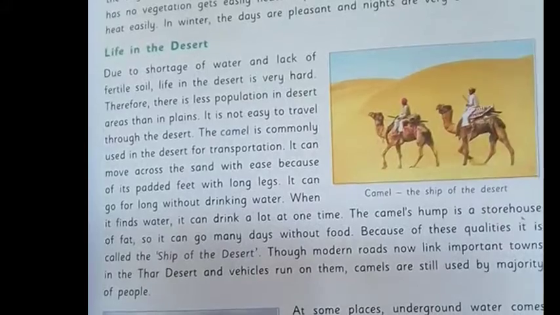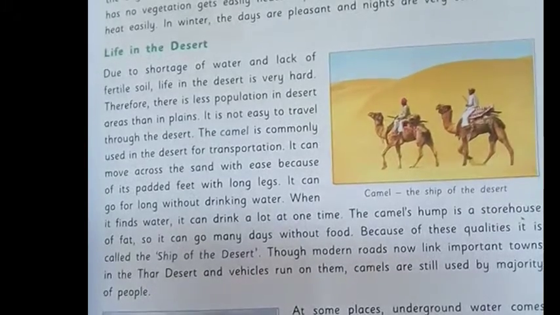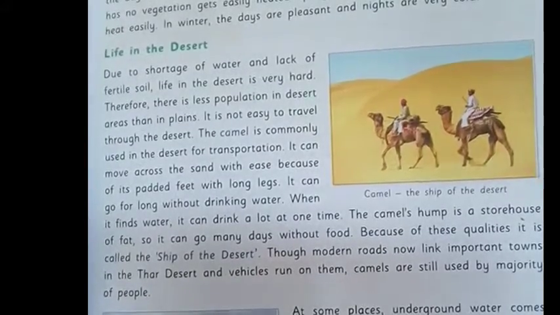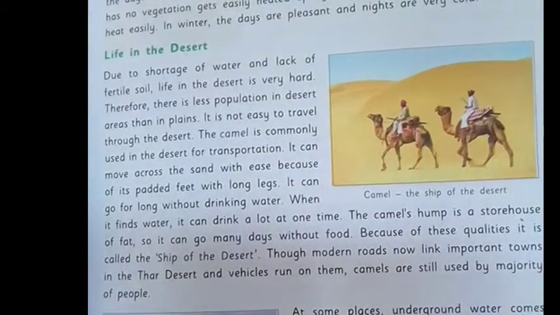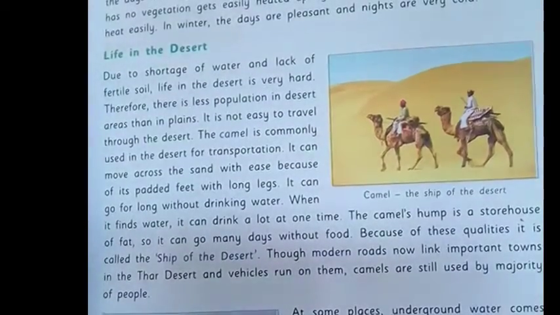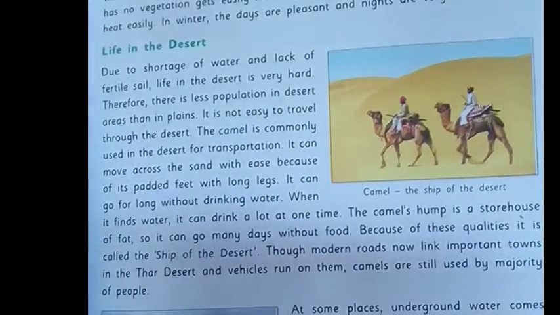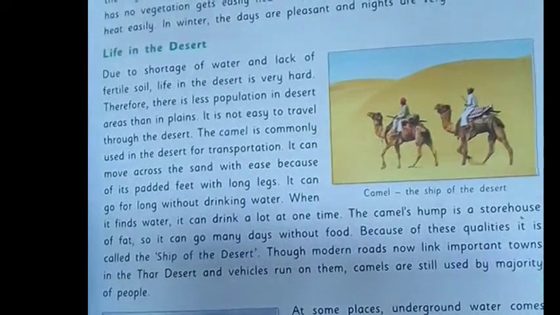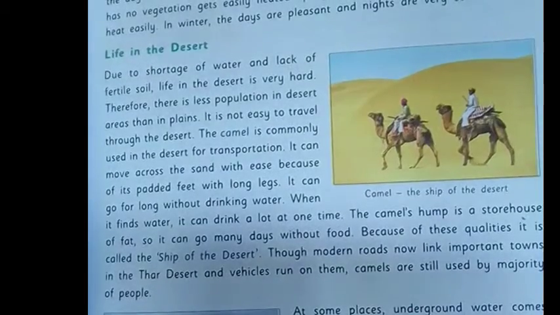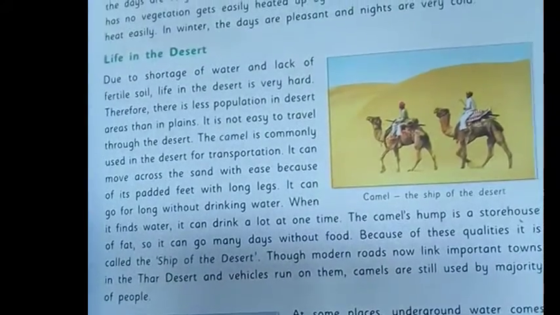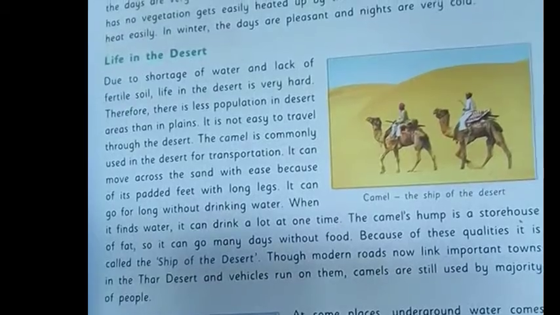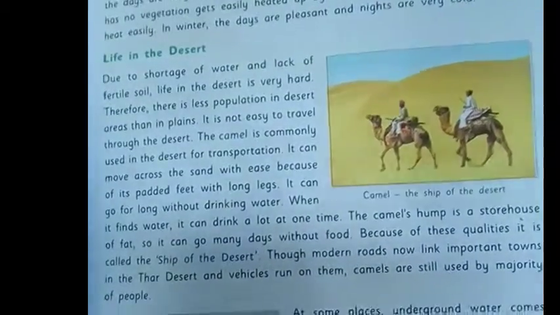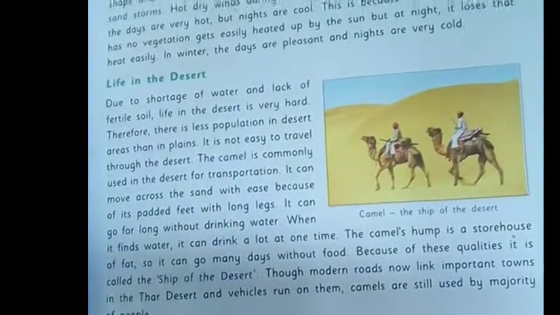So the camel is used for transportation, and the camel can move across the sand very easily because of its padded feet and long legs, and it can go for long hours without drinking water.